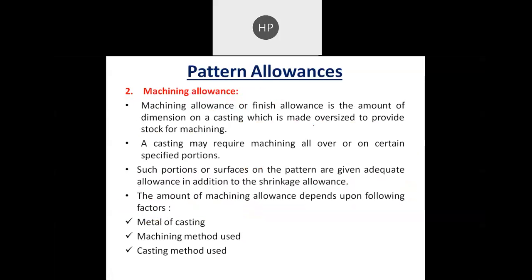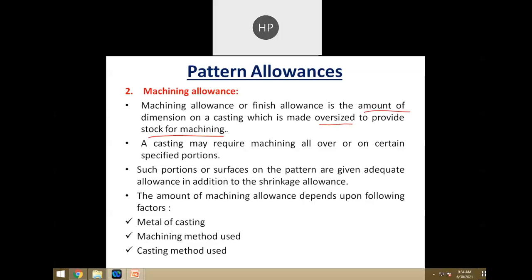The second allowance is the machining allowance. The machining or finishing allowance is the amount of dimension on a casting which is made oversize to provide stock for machining. So we know that the step is that we require finishing and cleaning.